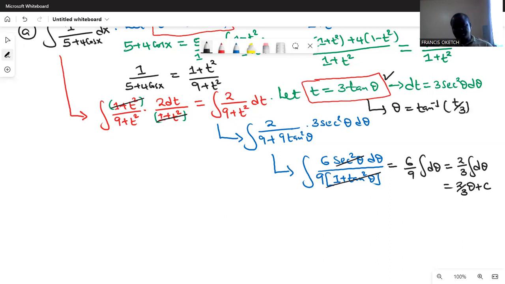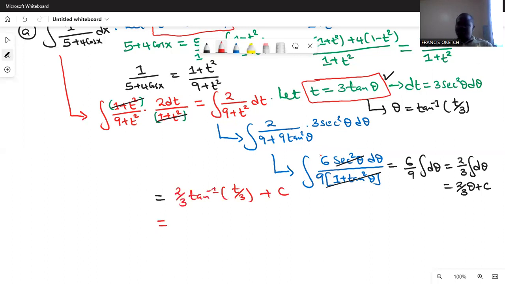That's what we substitute. So our answer will be equal to 2 over 3 tan inverse of t over 3 plus a constant c.